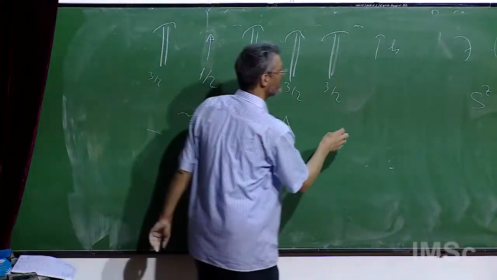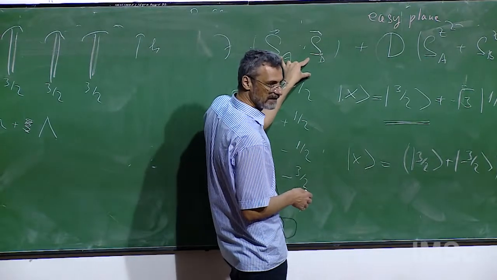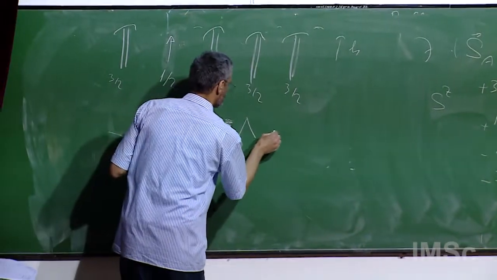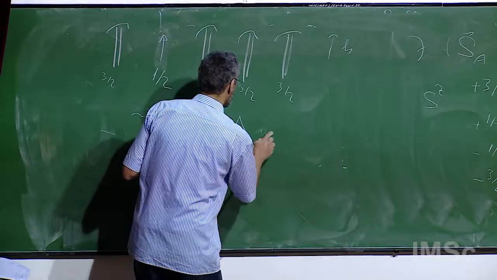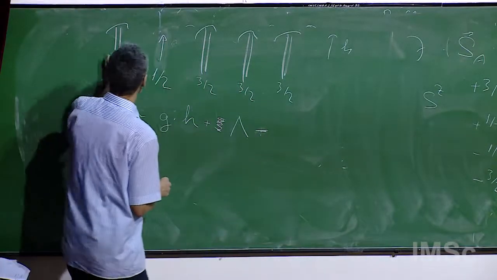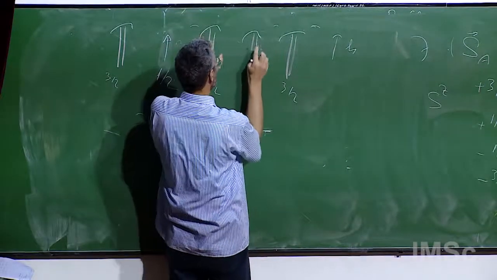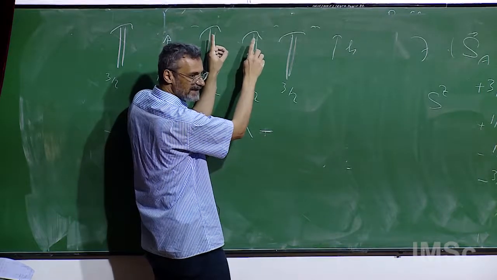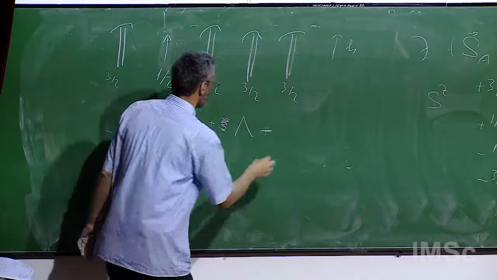So the Hamiltonian contains the SZ term, we shall not forget about it. So there will be a gain in energy, because if the interaction is antiferromagnetic, having these two spins parallel with each other is the largest energy. Whenever I make it smaller, I get some energy.